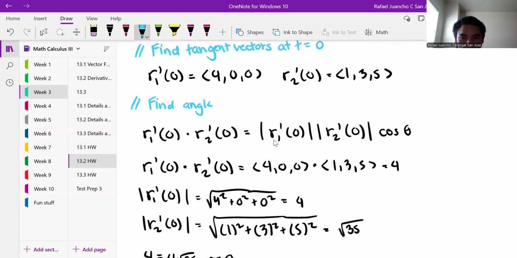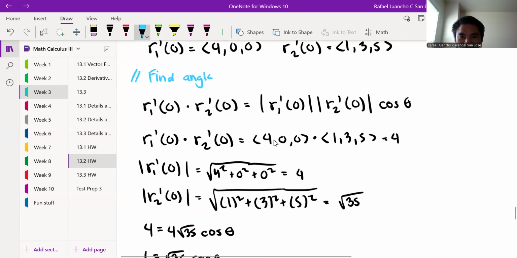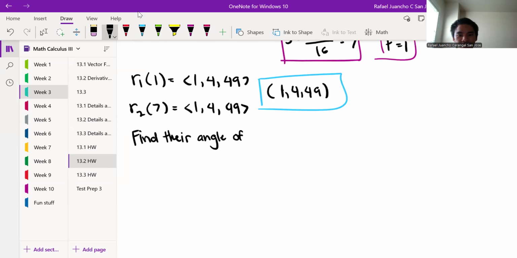Okay, let's quickly do that. So the next thing, I'm going to write the question here. You want to find their angle of intersection, theta.